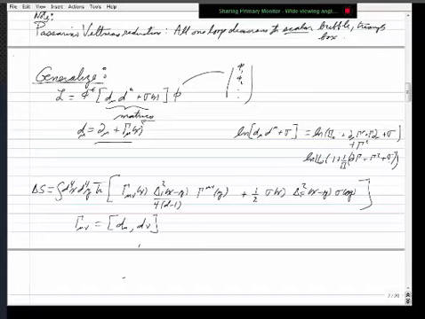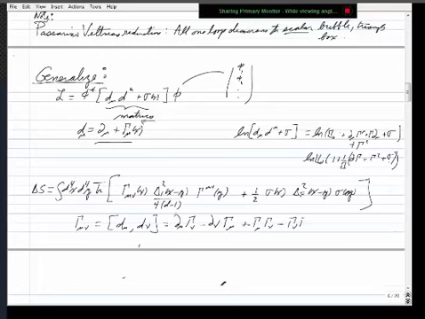The change in S from doing that is integral d4x d4y. There's a trace if these guys are matrices, so I still have the residual trace over the matrix indices. Then I end up with gamma mu nu of x.